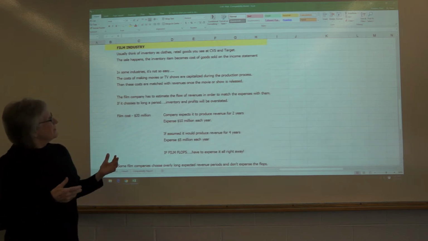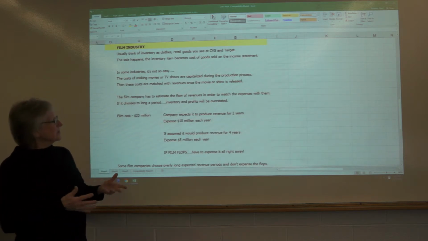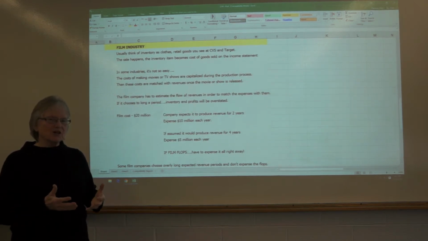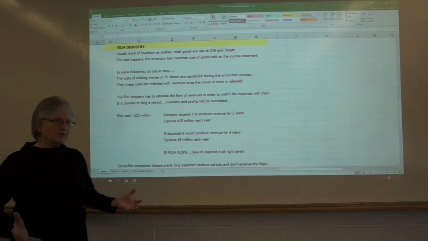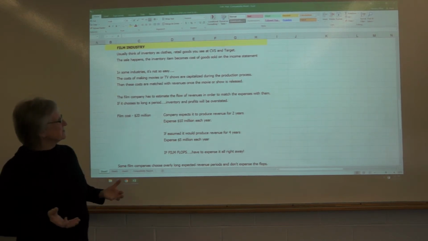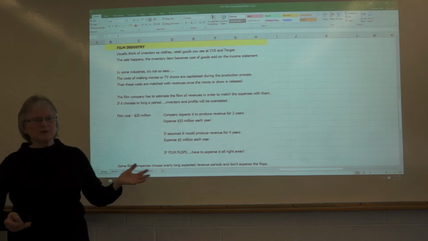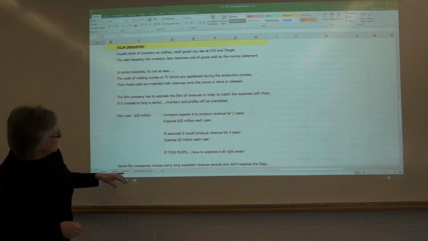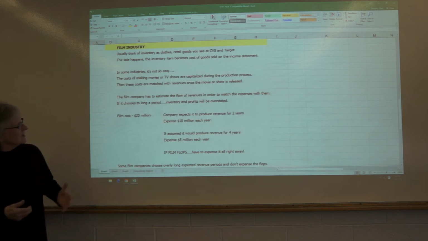And so they have to figure out, if it costs so much to make it, we're going to match those costs against the revenues that come in. But how do we know exactly how those revenues are going to come in? Is this show going to be good for 5 years, 10 years, 20 minutes? I think if the film flops, they have to write everything off right away.